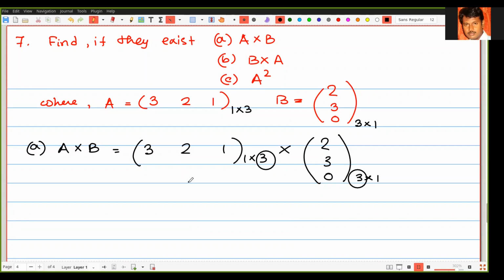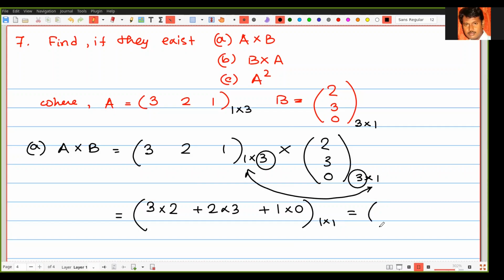So we can multiply the two matrices, and the result is 3 cross 2 plus 2 cross 3 plus 1 cross 0. Obviously the order would be 1 cross 1, and the result is 6 plus 6 plus 1, that is 13, 1 cross 1. So A cross B is possible.